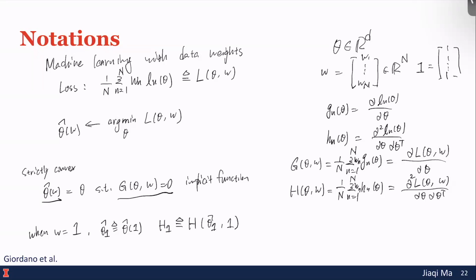So this is the Hessian of the original model trained on the full data set. Okay, so that's the notation we're going to need.